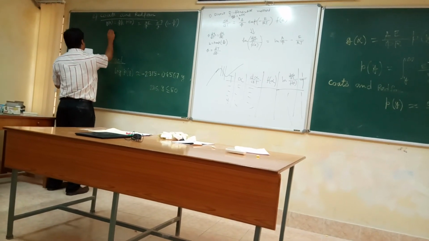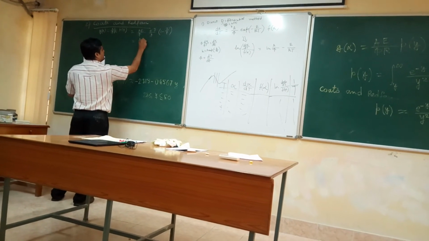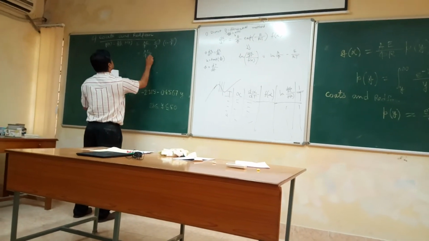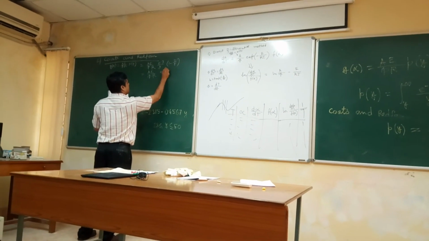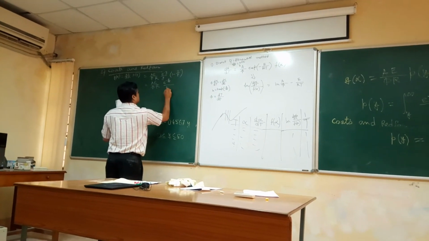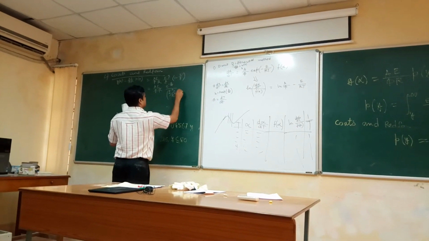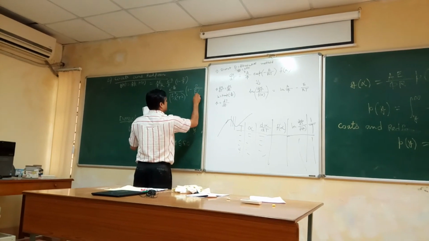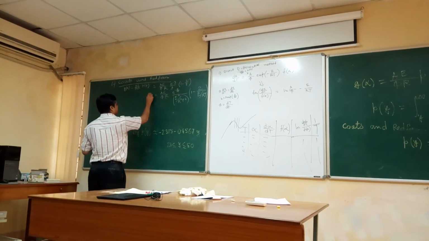So you put the value of y, you will get AE over φR, e to the power minus E over RT over E square over RT square, times 1 minus 2 over E over RT. That is your G(α).